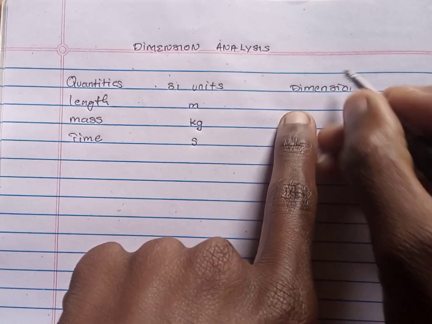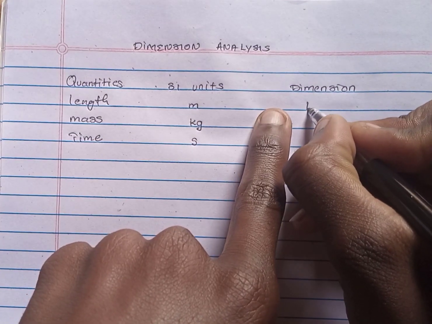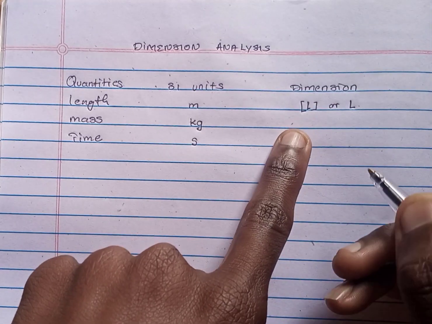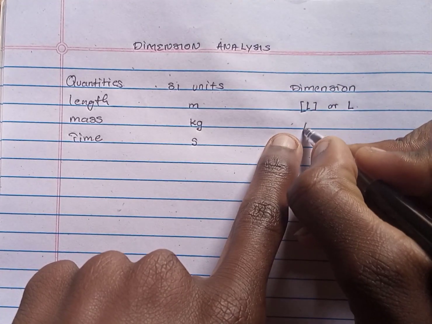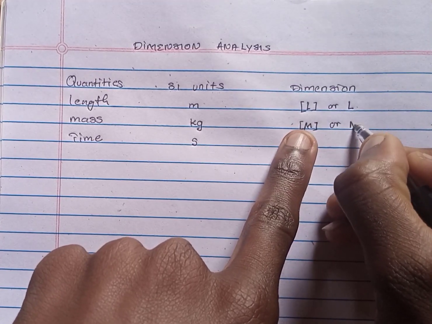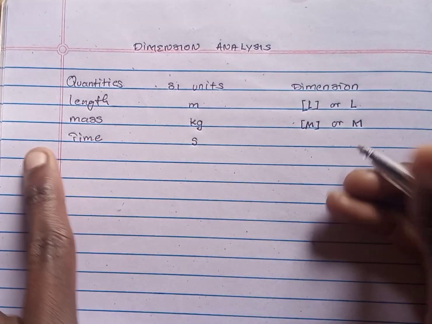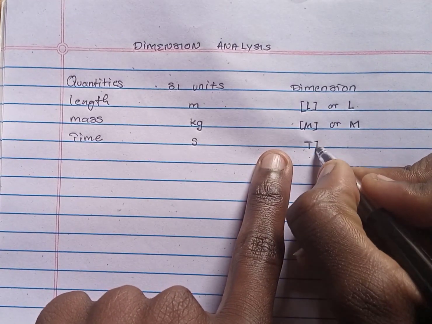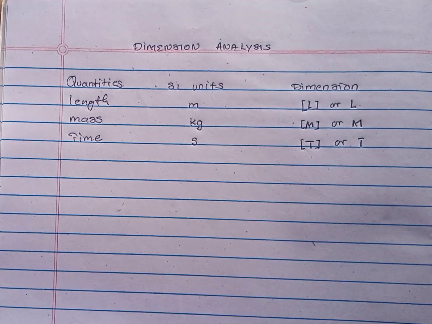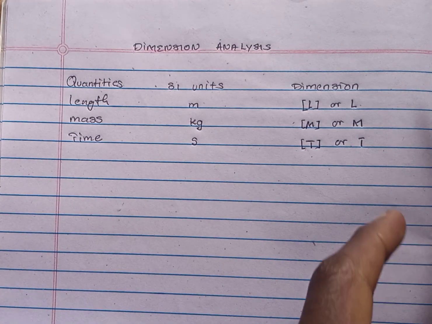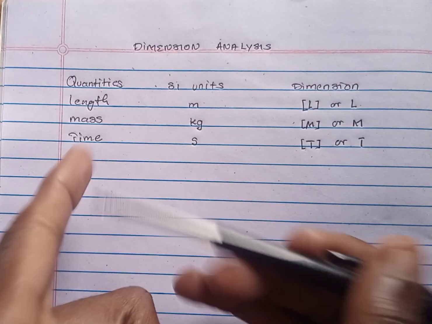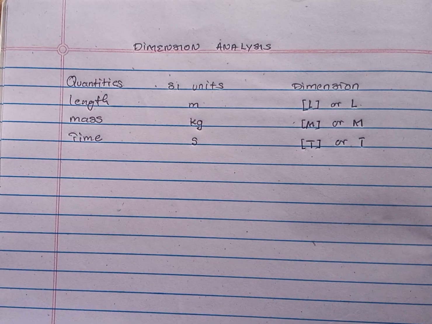The dimension for length is L. The dimension for mass is M. The dimension for time is T. So these are the three dimensions of these three quantities that we have to know.